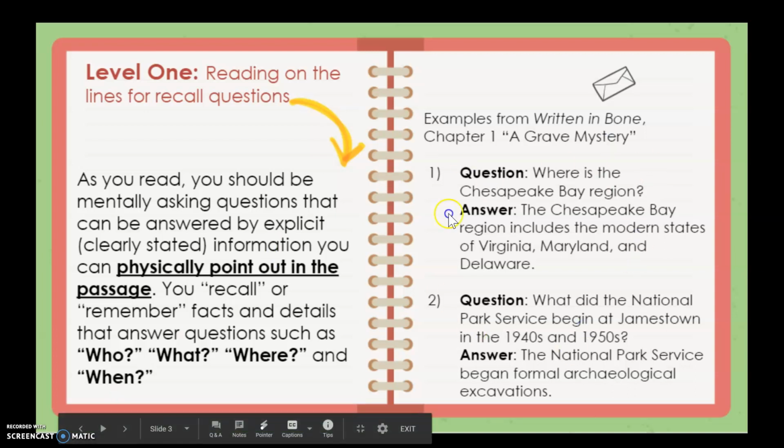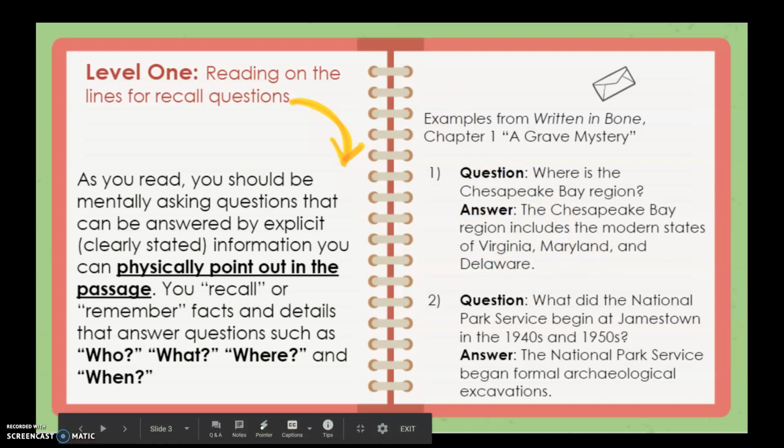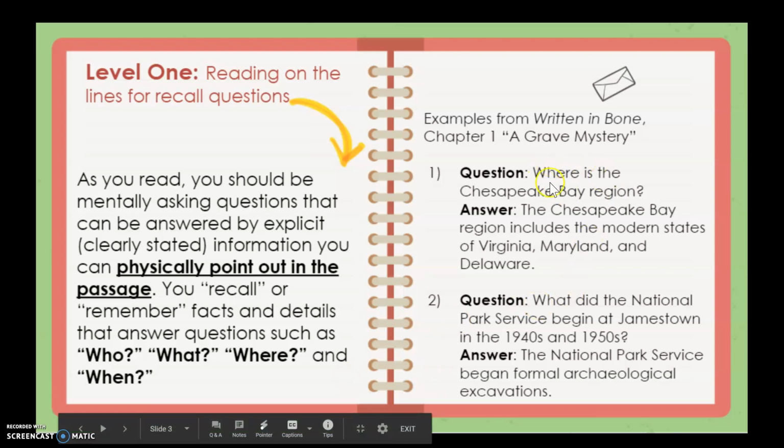These are very basic questions. Over here on this page, I've given you some examples from Chapter 1. I've given you the question and you'll notice that I found the answer. Question 1, where's the Chesapeake Bay region? Well, I very clearly remember reading that in Chapter 1. So if I go back to the text, I should be able to find this and point it out.